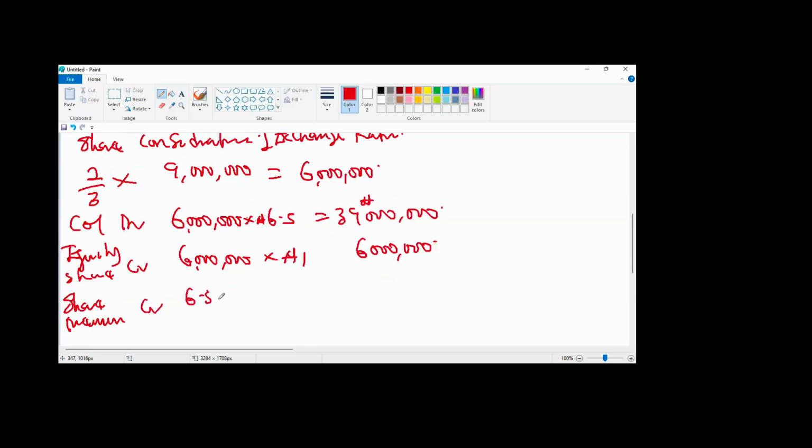We'll say 6.5 minus 1 multiplied by the 6 million shares. That will give me 33 million. Don't forget the accounting entry. I will debit my cost of investment and credit, credit. It is two credits against one debit. That is it.